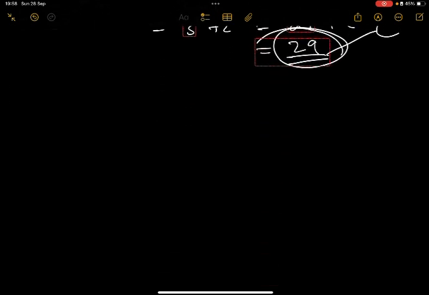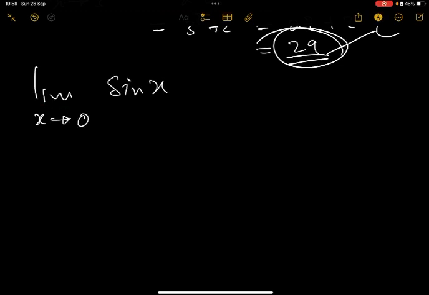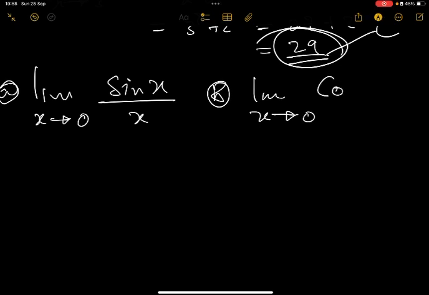Then we want to move to such limits. Let's say in the exam, you are given a limit as x approaches 0 of sine x over x. This is A. Then B, you are given the limit as x approaches 0 of cos x over x.